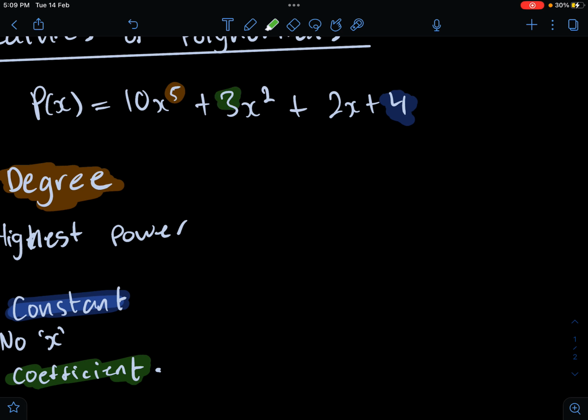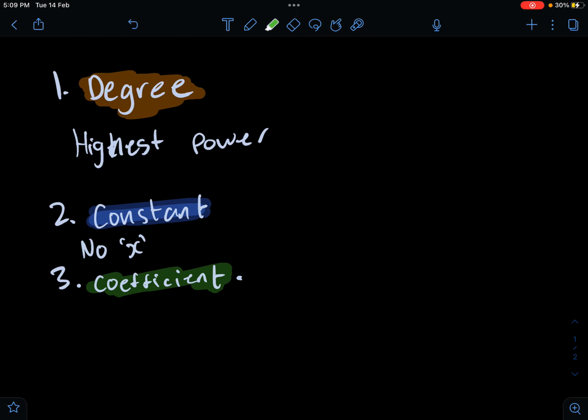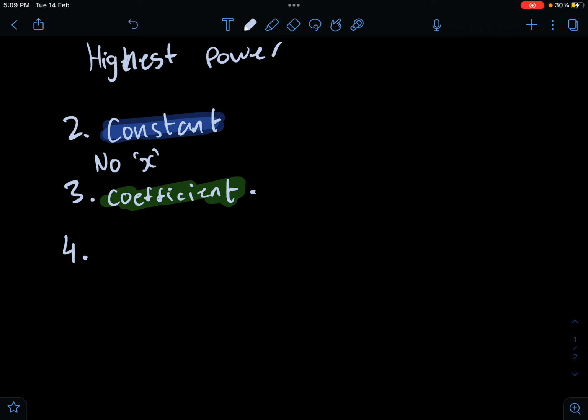So here x squared is being multiplied by 3, x to the 5 is being multiplied by 10, and x is being multiplied by 2. So all those are coefficients. So when I talk about coefficients, I'm talking about the number in front of the variable.